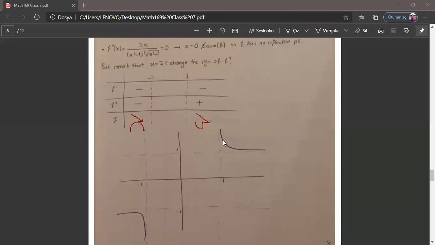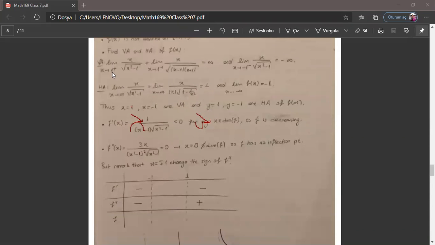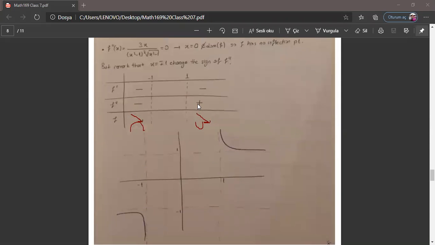So what do we have? We computed before that the horizontal asymptotes are 1 and minus 1, and the vertical ones are again 1 and minus 1. Remember, when we are approaching 1 from the right, we get plus infinity, as in here, and when x is approaching infinity, we need to get 1, as in here.